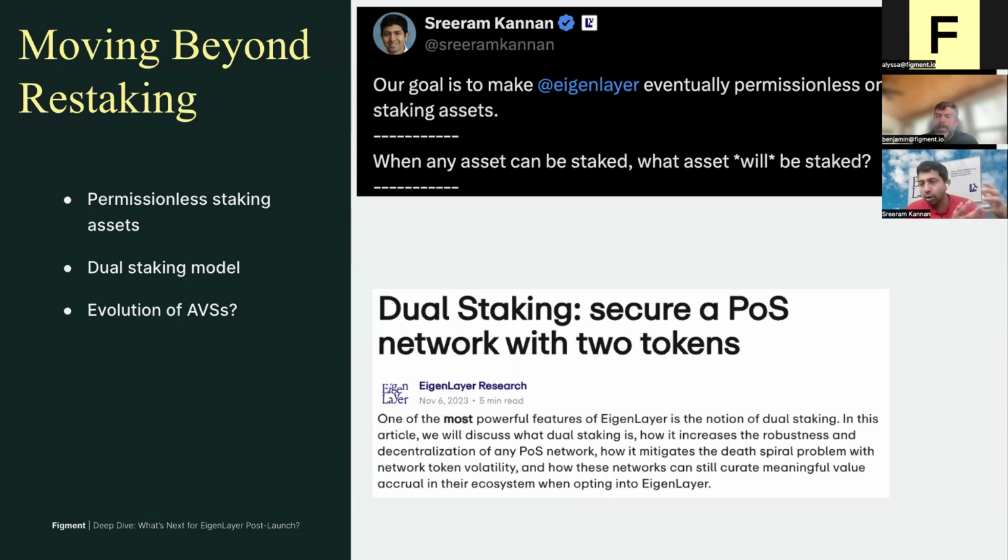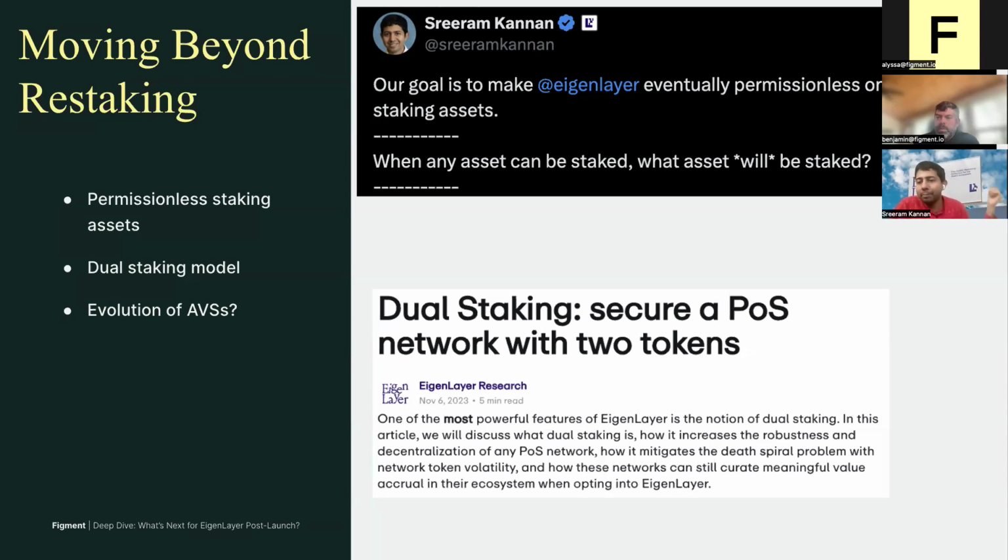It gives a utility for their token, allows controls. For example, they can upgrade node software in their own community much faster than they can get a neutral operator set on EigenLayer to upgrade their node software. And if something was going wrong and they want to block all data availability for their rollup till something happens, they can do it. And there's just a lot of really interesting dynamics that show up when you allow dual staking. But EigenDA is built like that, with custom staking on top of ETH staking. And so EigenLayer itself was designed so that you could stake any ERC20 token.